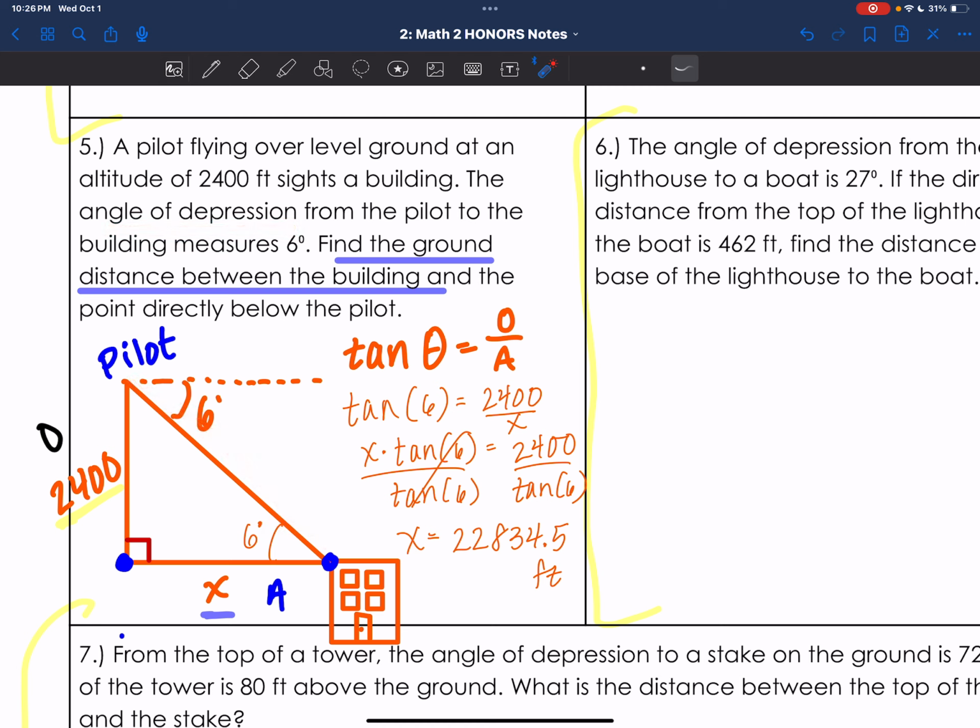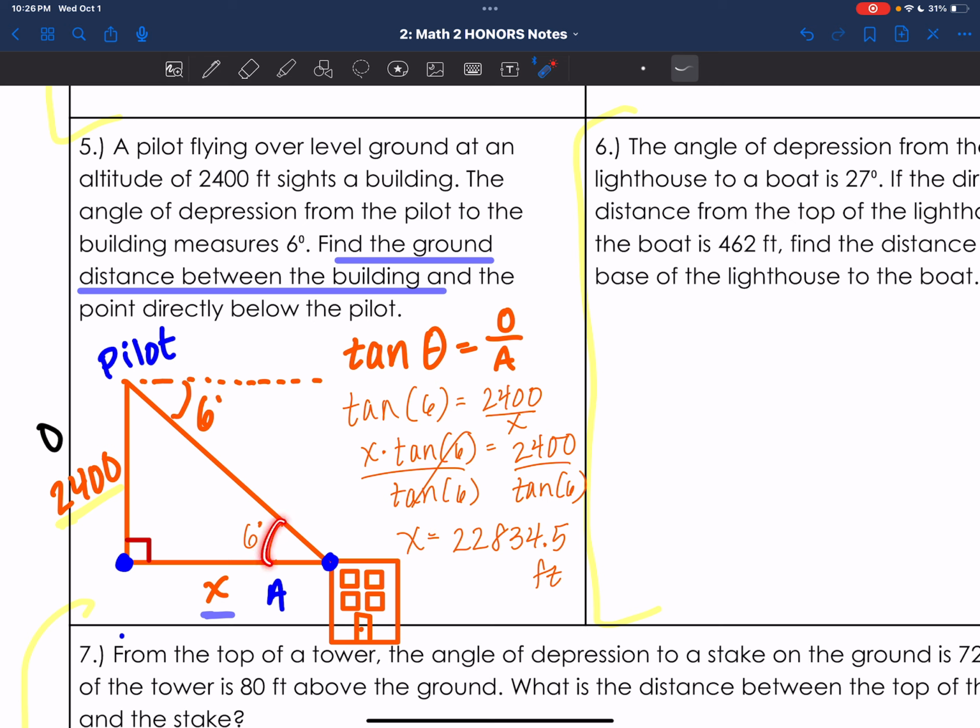It's a beautiful building that I just drew for you. The angle of depression is 6 degrees. Now remember, this is a parallel line and this is a transversal right here. So if this is 6 degrees, this part is also 6 degrees. So if you're on the building looking up, that would be 6 degrees there.